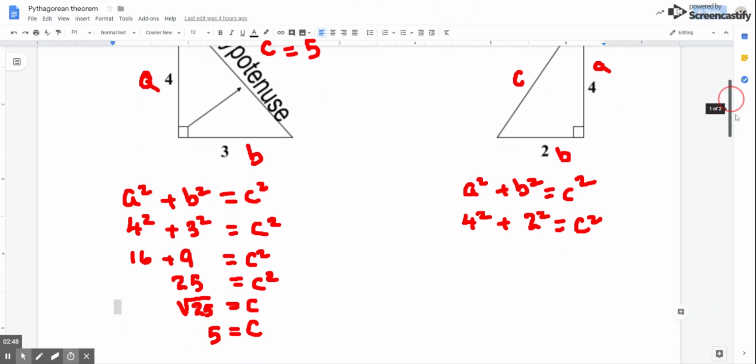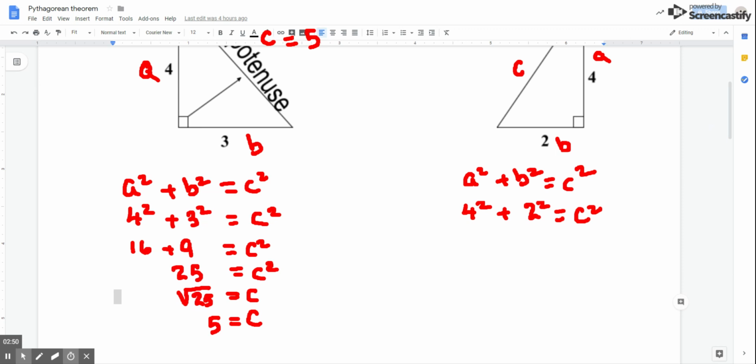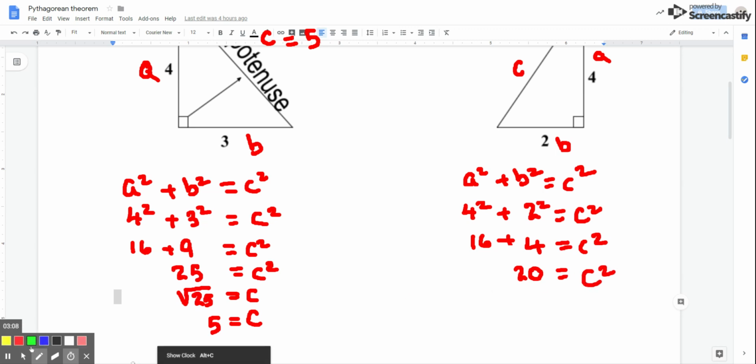Let's make some more space. Let's work this out. 4 squared is 16, and 2 squared is 4. And when we add 16 plus 4, we should end up with C squared. Now our next step is to find the square root of 20.